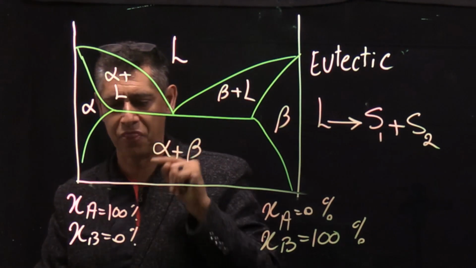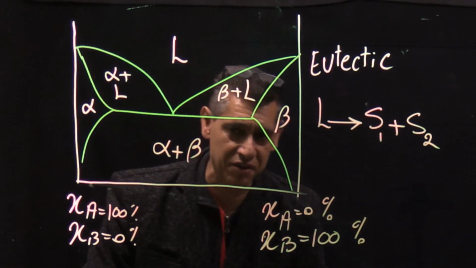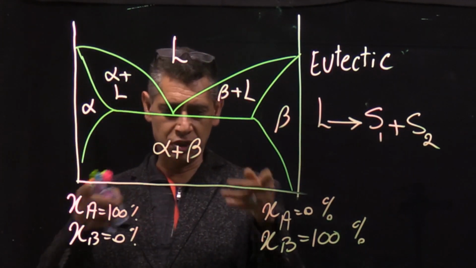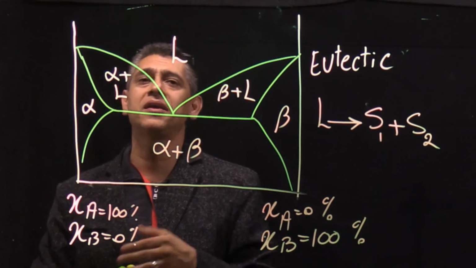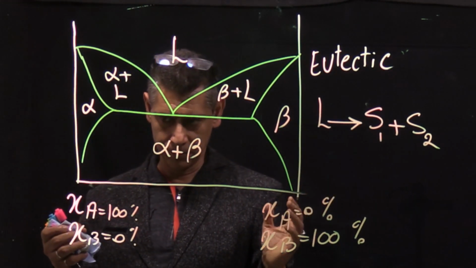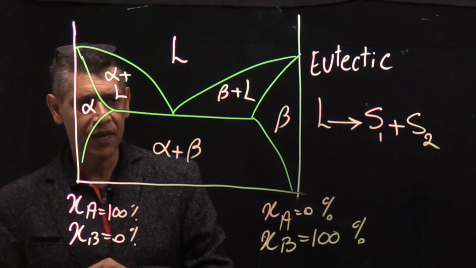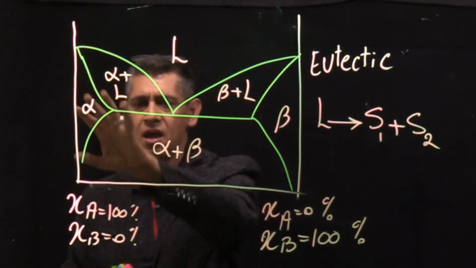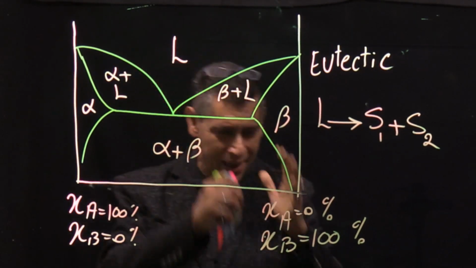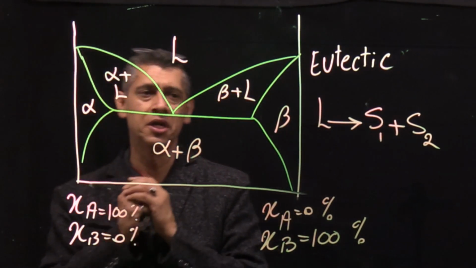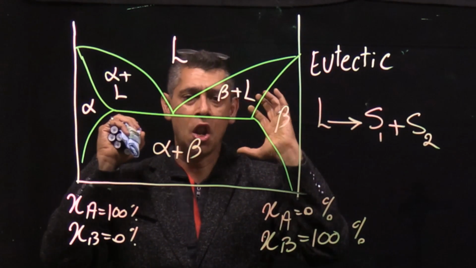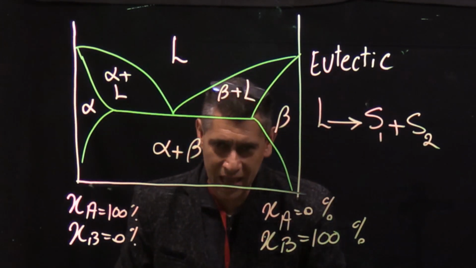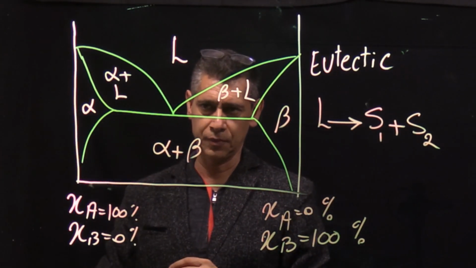If I have, let's say for example, 30% A, obviously I have 70% B. So this is the composition of my system. So alpha is a solid solution containing lots of A, a little B. Beta is a solid solution containing lots of B, a little A. So these are these two.